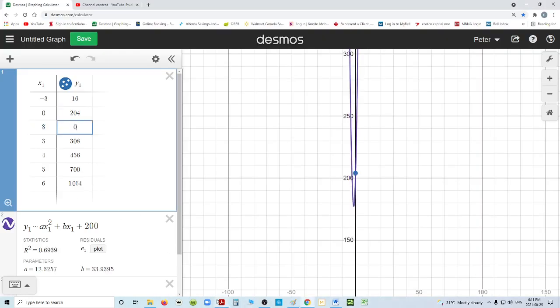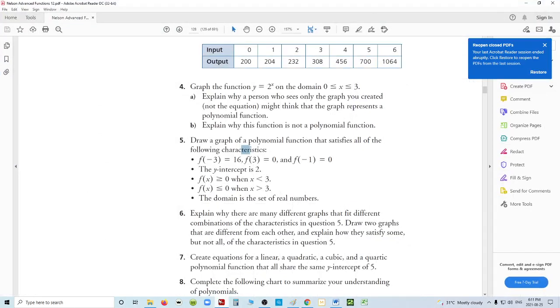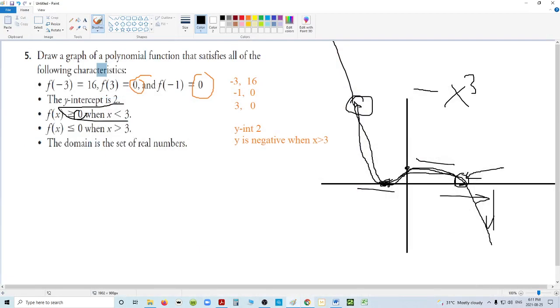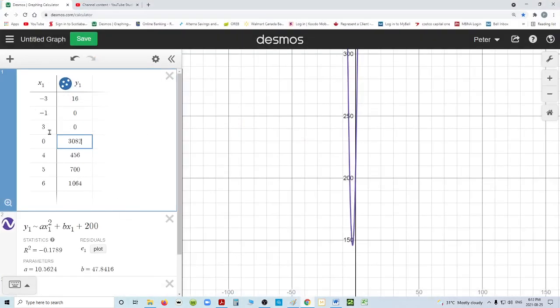And you've got the other one, minus 1 is equal to 0. And those are your main points. And then finally, when x is 0, we've got one other point. When x is 0, the y-intercept is 2. So we can put that there. 0, 2, and 3, 0. And the rest of the stuff you get rid of.